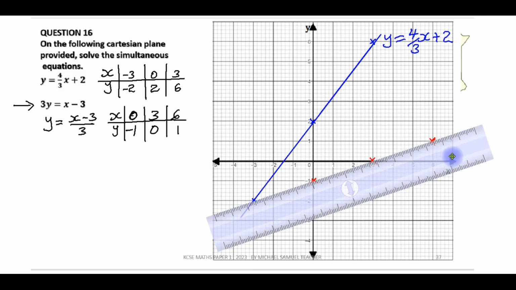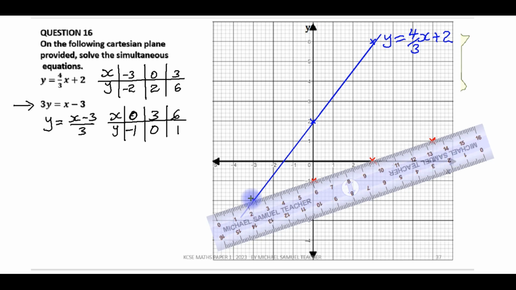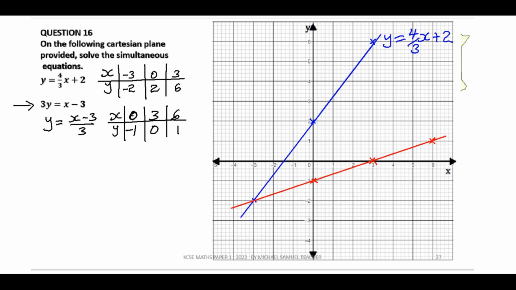So this is the equation 3y is equal to x minus 3.